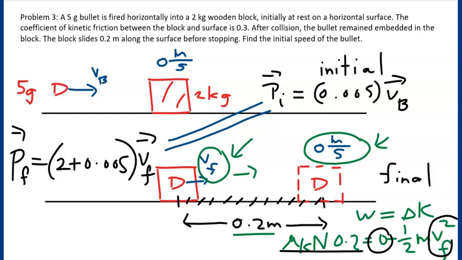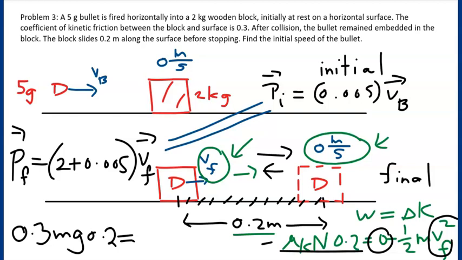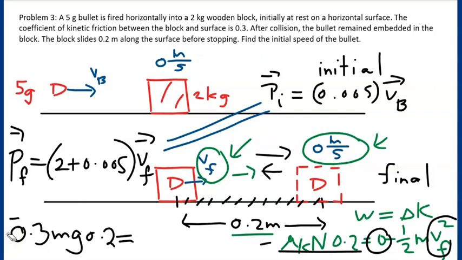Now we know what mu k is. Mu k is 0.3. Normal force is the weight, mg. The distance is 0.2. And the work is negative because the displacement is to the right and friction is to the left. The right hand side is minus half times mass times the takeoff speed squared.